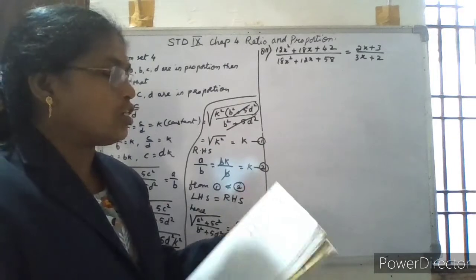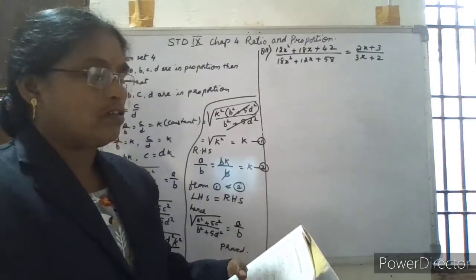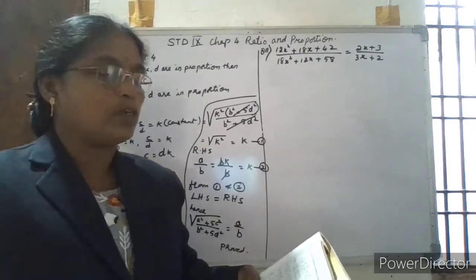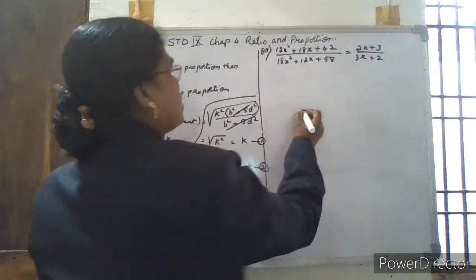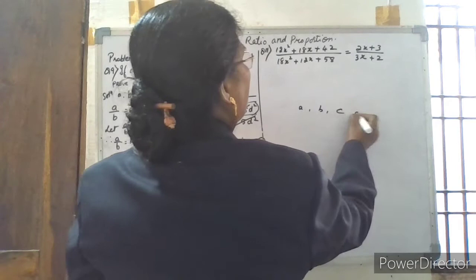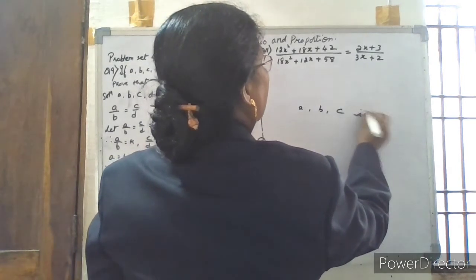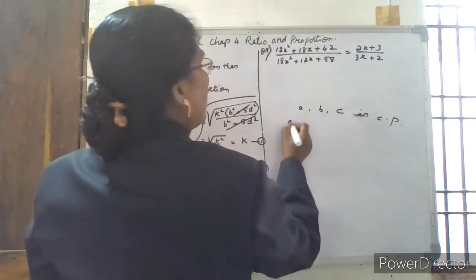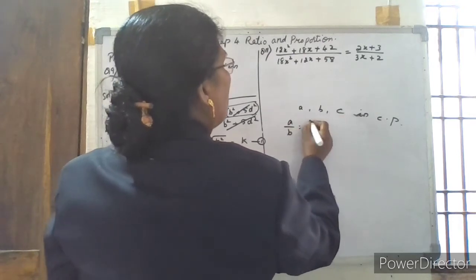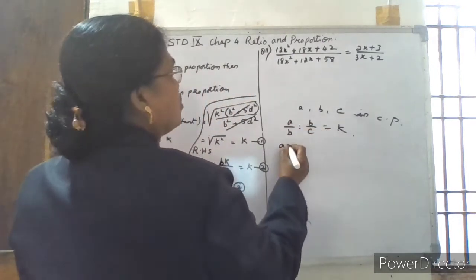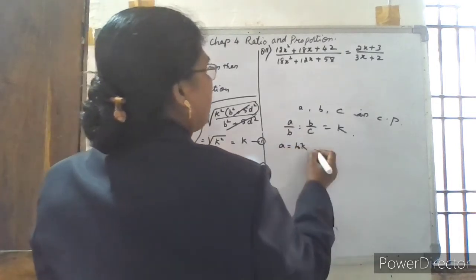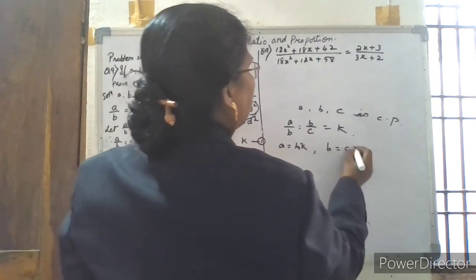Even the 10th question is continuous proportion. A, B, C are in continuous proportion. I have taught you already how to find this. In continuous proportion, A by B is equal to B by C, which is equal to K constant you have to take. So A is equal to BK, then B is equal to CK.